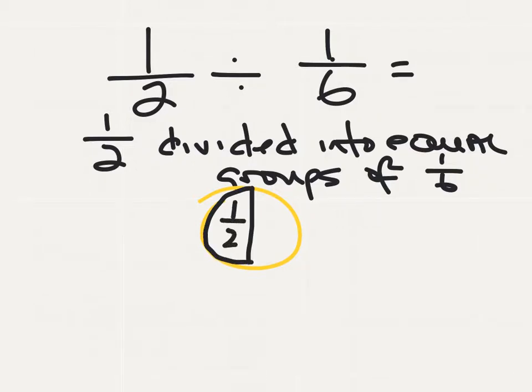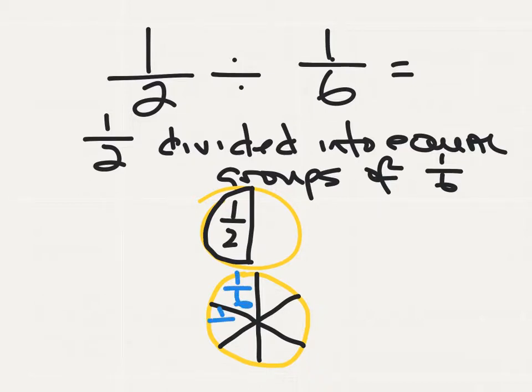If I draw another counter immediately below it, the same size, only this time instead of cutting it in half, I cut it in 1/6, so that each piece of this counter is cut into 6 equally sized groups.